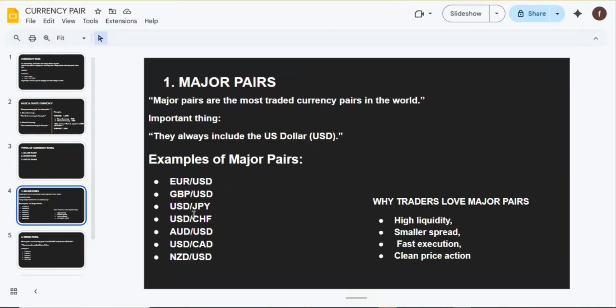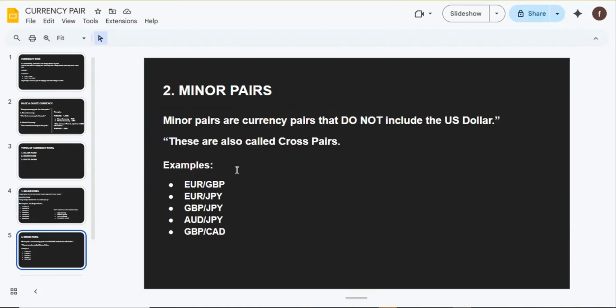You can just write them down. You don't even have to trade all these major pairs. You can just add a few to your watch list and be trading them. And for the minor pairs, those are the ones I just showed you, any pair that doesn't include US dollar. They are minor or cross pairs.